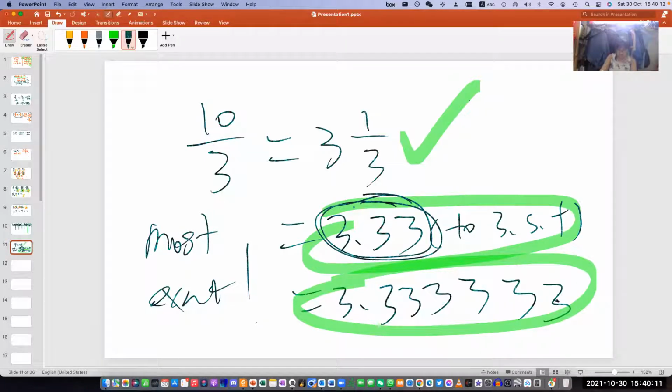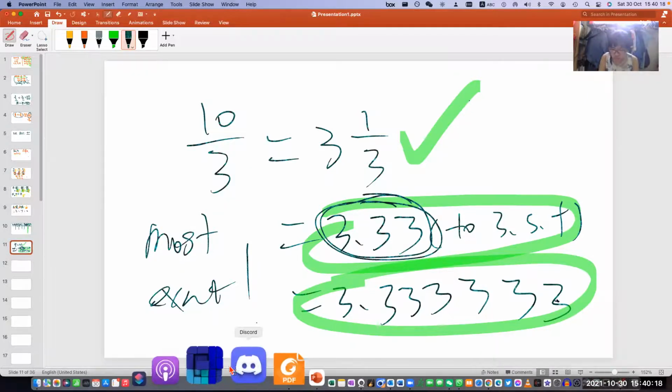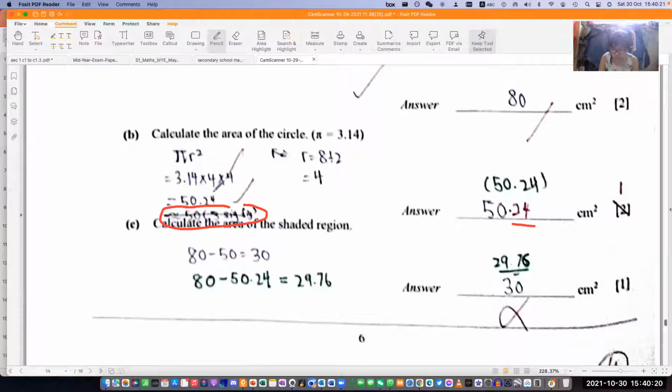Yes. So when it comes to the final answer, you choose the most accurate. Here, 50.24 and 50. Which one do you choose? 50.24. Why? Because it's the most accurate.